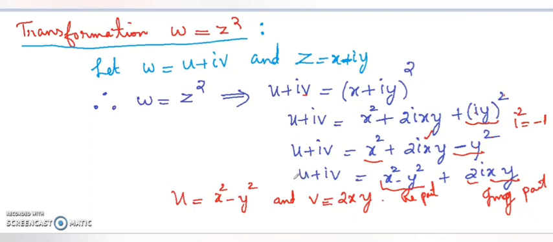What about the terms in LHS? In LHS, real part is u and imaginary part is v. So real part u is equal to x square minus y square and imaginary part v is equal to 2xy. So we get u and v like this.